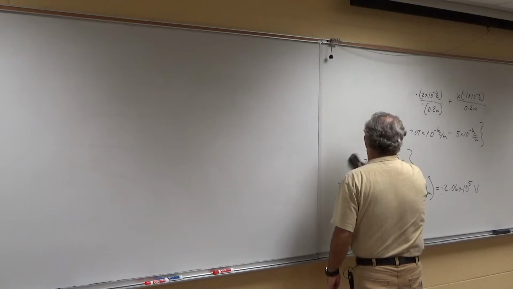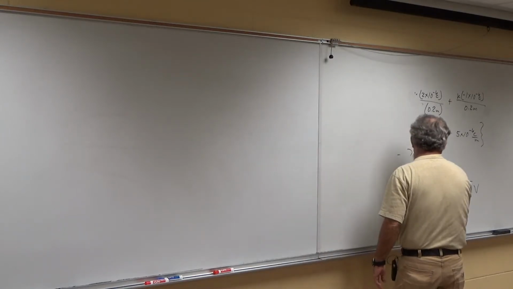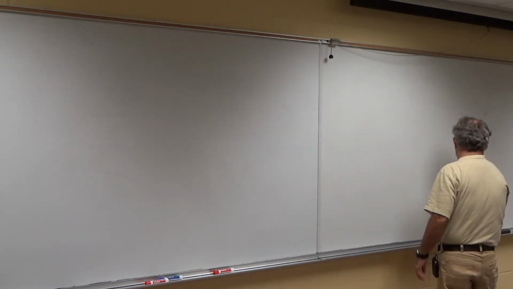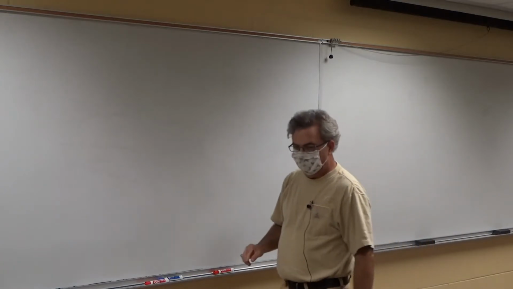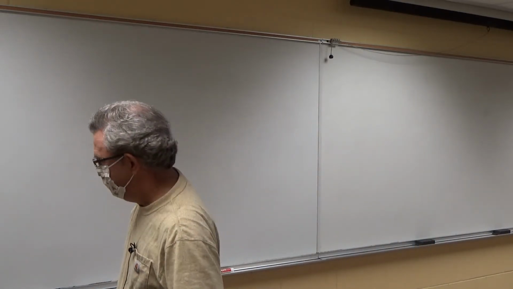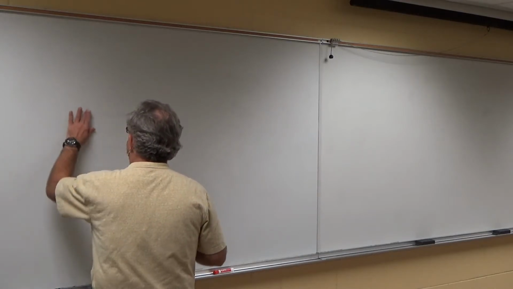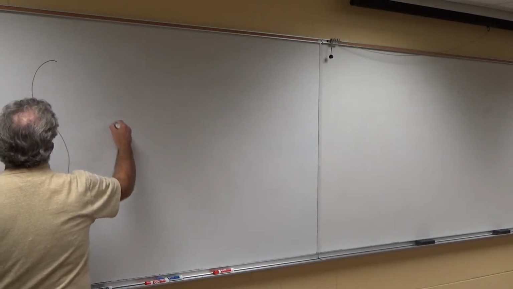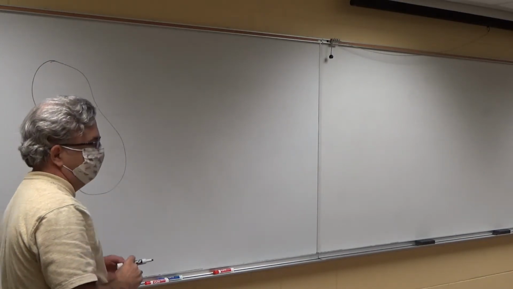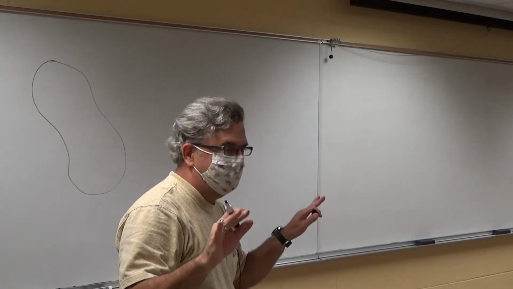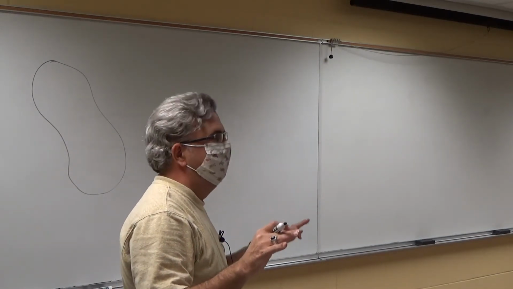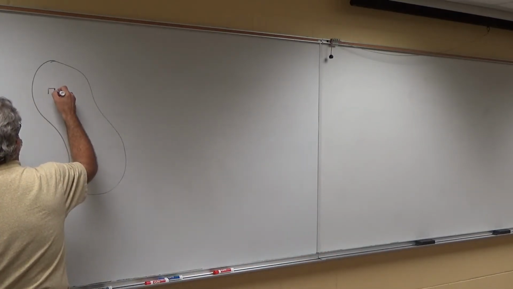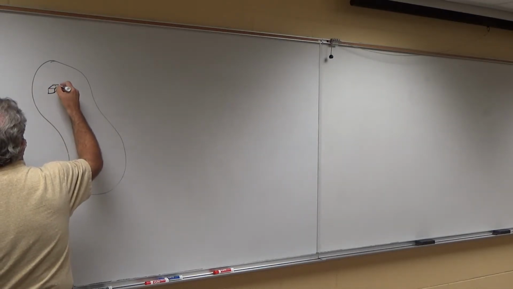So we're going to develop a way to calculate the potential of continuous charge distributions, just like we did with continuous charge distributions and electric field. I'm going to go through this pretty quickly as far as the lead-in. Let's say you have some blob of charge. This is exactly the same thing that I did with electric field, except no vectors. I'm going to break it up into little bits of charge.